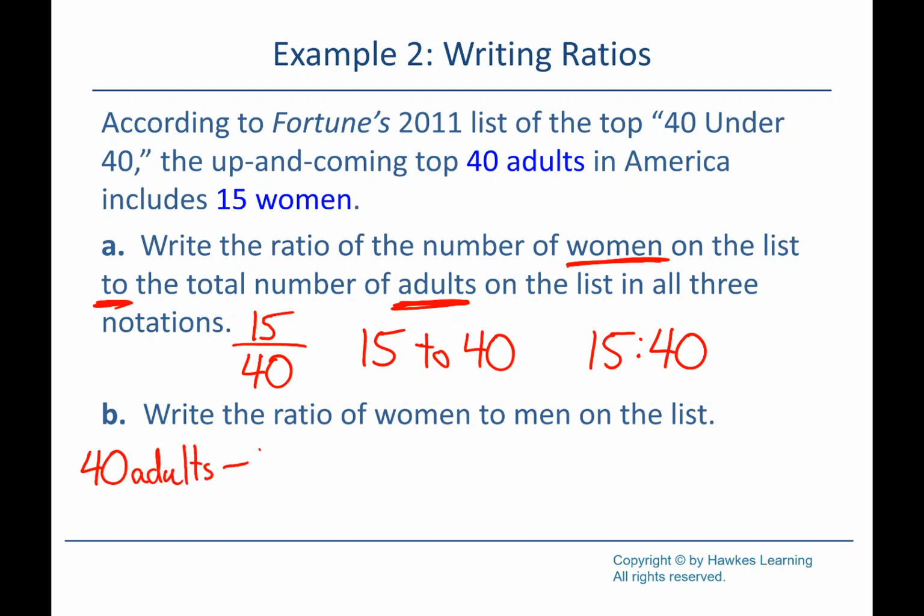And we know 15 of those are women. So here we're saying we got 25. And so the ratio of women to men, 15 to 25. Sometimes you have to do a little bit of subtraction. Keep an eye out for that.